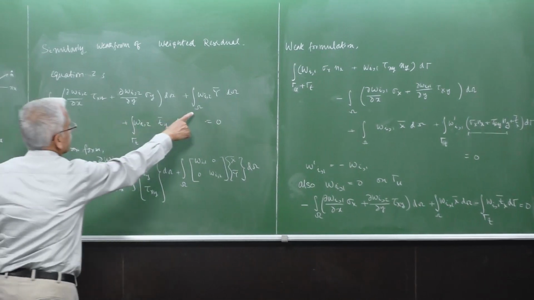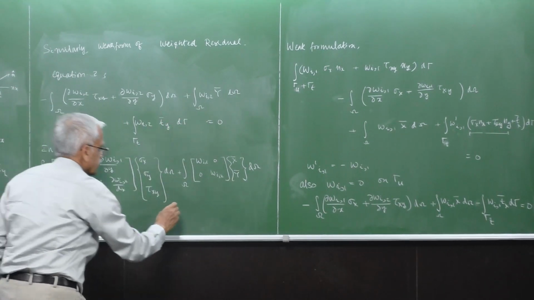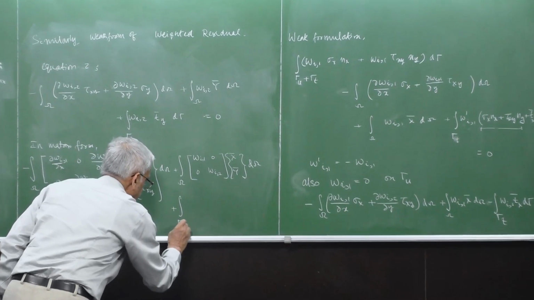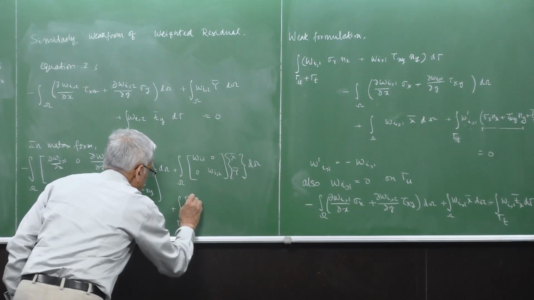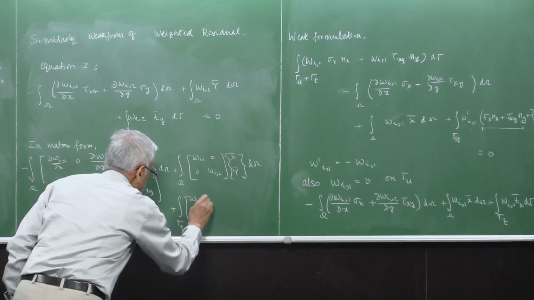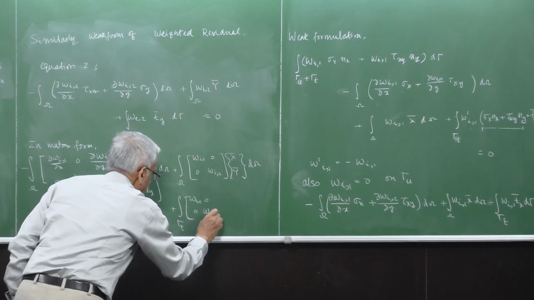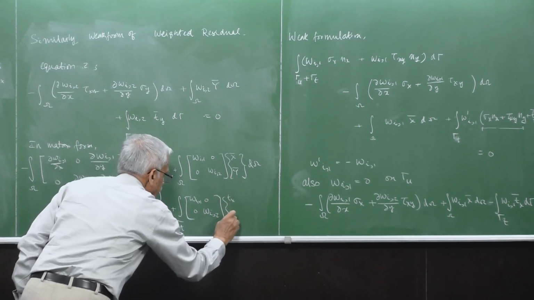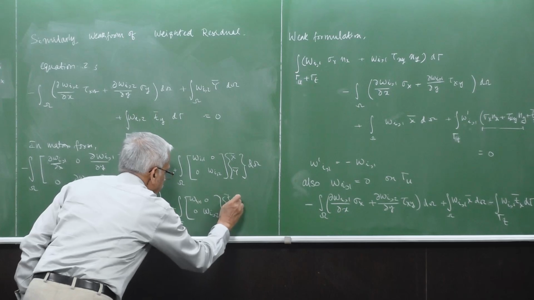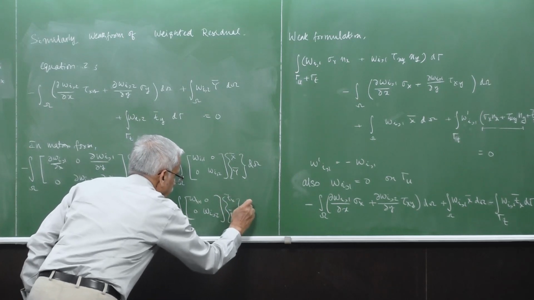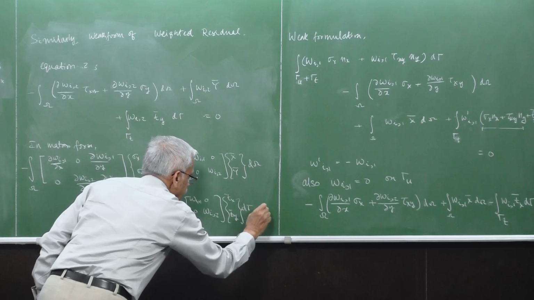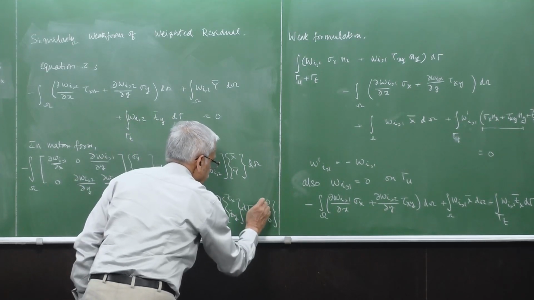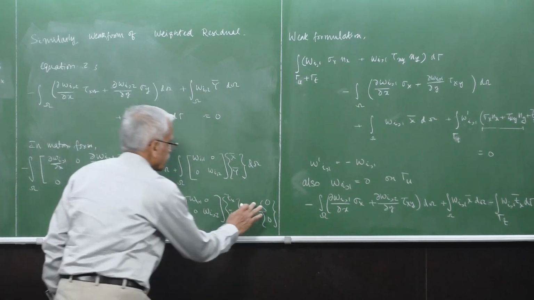So this is this one, and the last term exactly resembles this term, gamma t, tx and ty is equal to 0 here. So 0 also has 2 components.